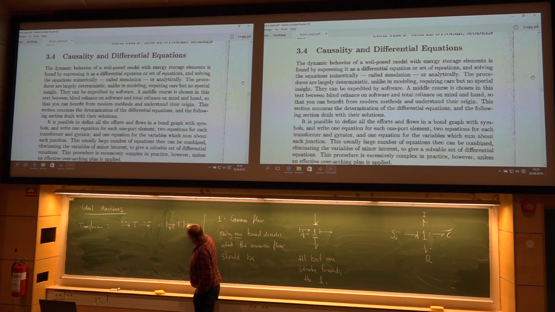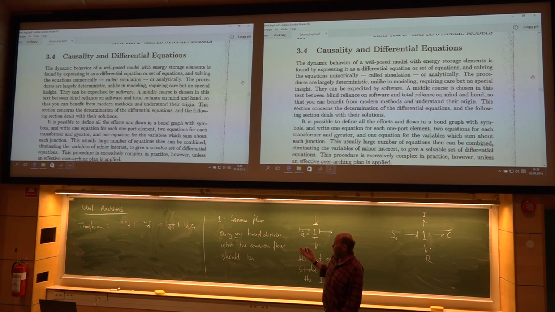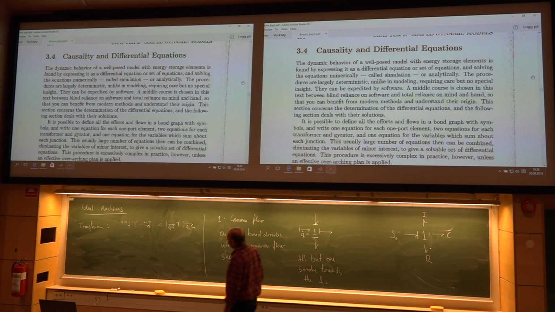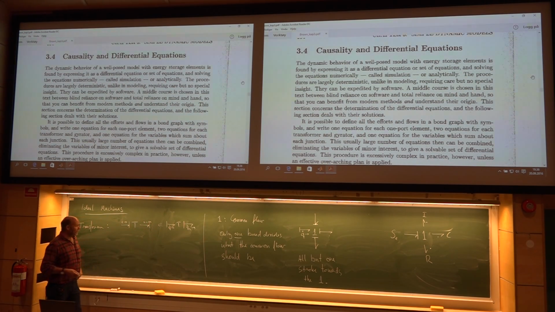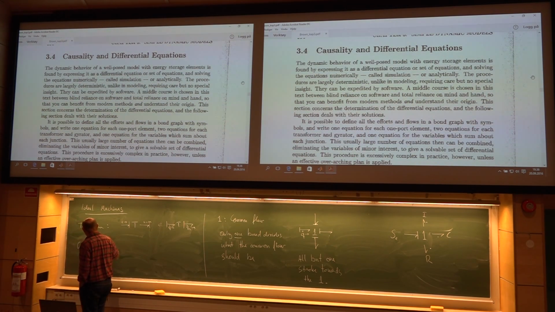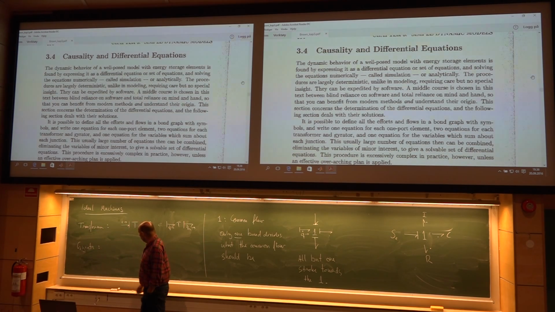So Q dot 2 is now moving further away. So the transformer doesn't change anything. The strokes will be either to the left or to the right around the transformer. Gyrator, that's something else. He will change it.